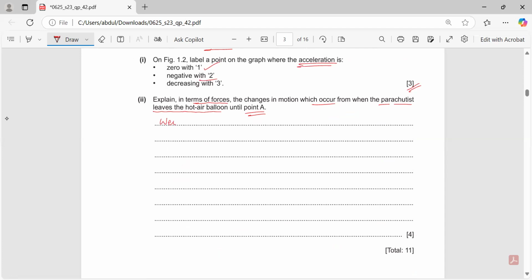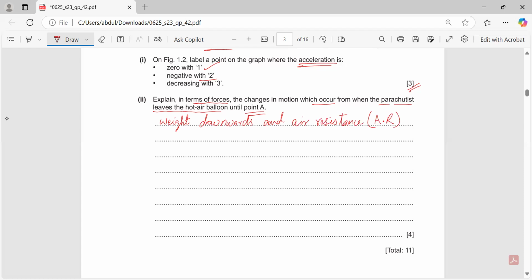First of all, in terms of forces, we need to name the forces and their directions. Weight downwards, and air resistance. Air resistance is a type of force of friction. It is always in a direction opposite to the direction of motion.